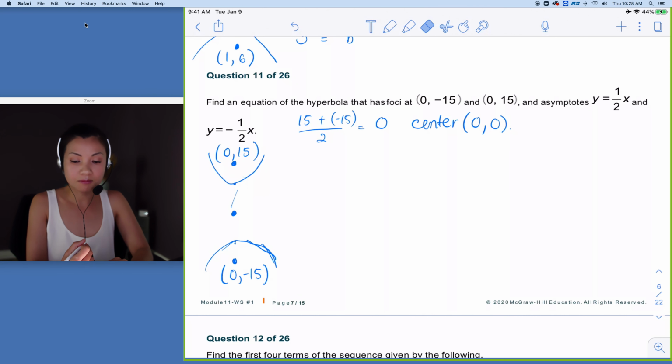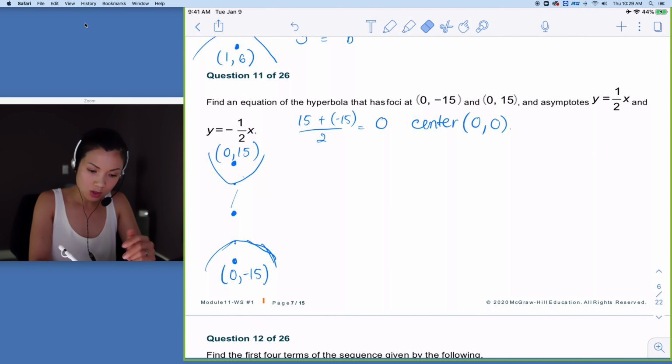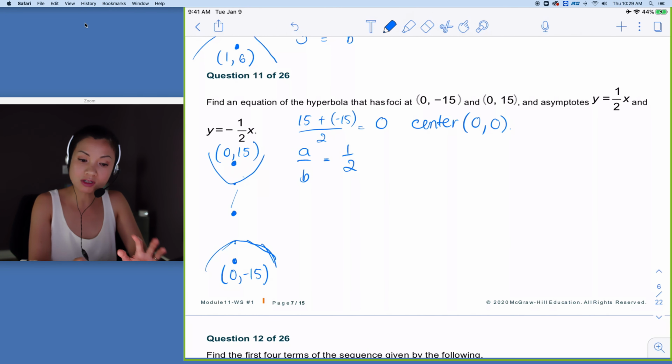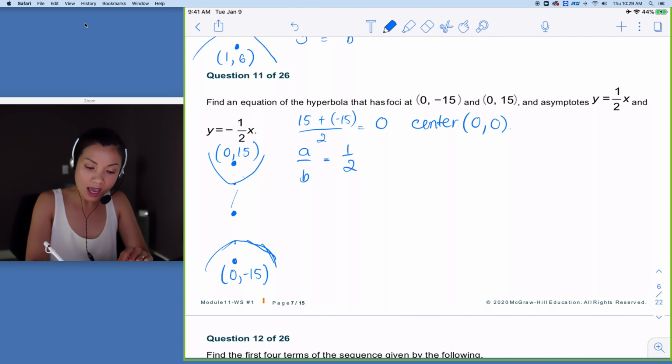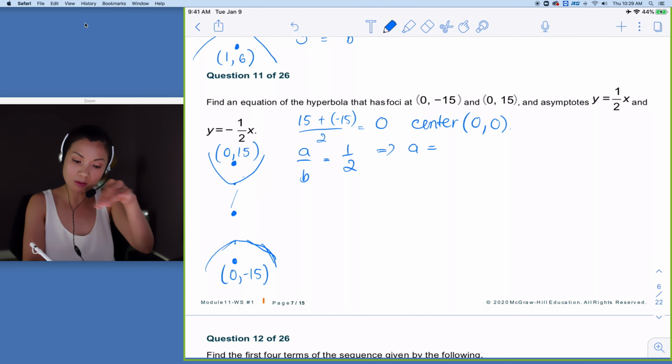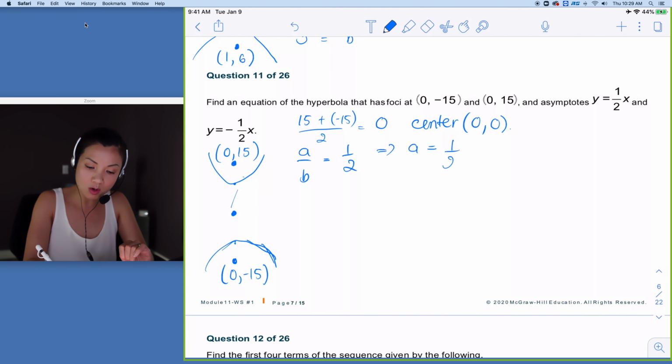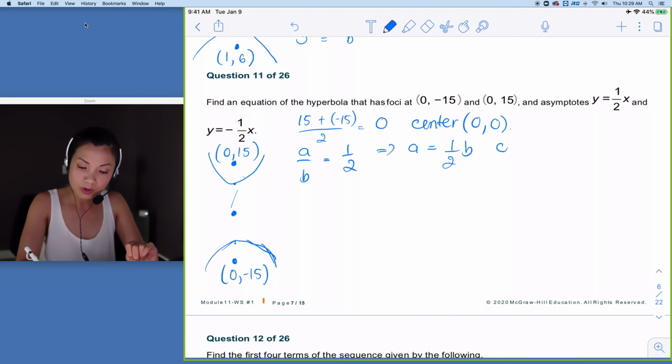To find a and b, we're going to use the fact that the asymptotes are y equals 1 half x and negative 1 half x. So you can see that the slope a over b is 1 half. I'm just going to use the positive values. So if a over b is 1 half, then a equals 1 half b. Now don't forget that we have c squared equals a squared plus b squared.